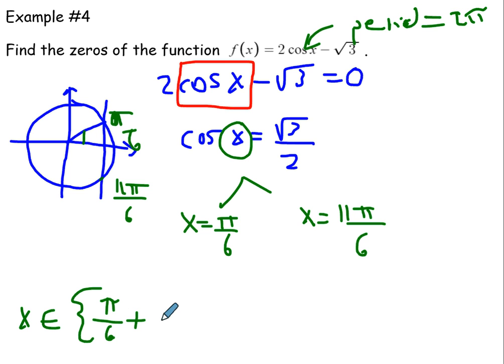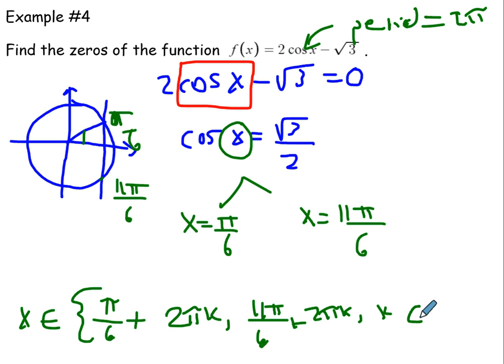So pi over 6 plus 2 pi k, that's the first solution. The other one is 11 pi over 6 plus 2 pi k, and that is when k belongs to integers. So that's the way to write down all your zeros for this function.